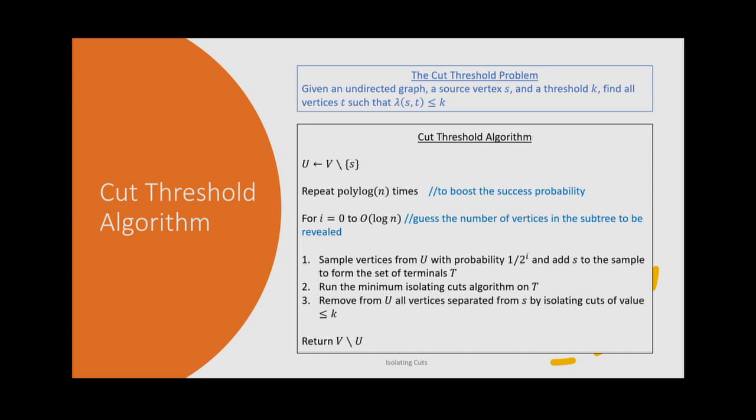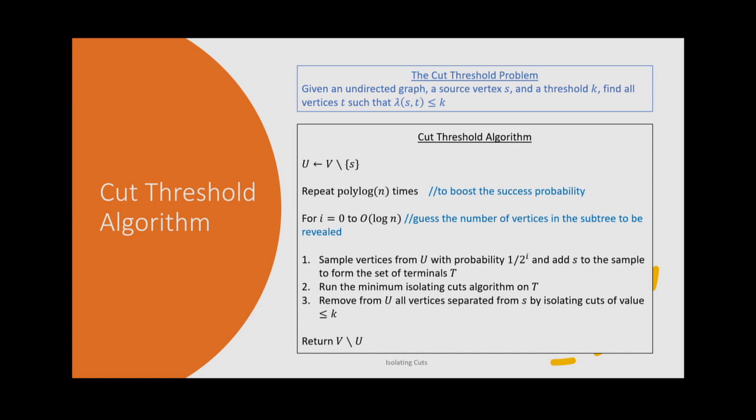And then I sample every vertex from U at rate 1 over 2 to the i. I run isolating cuts on this sample after I have added S to the sample. Okay? Isolating cuts returns a bunch of cuts to me. If those cuts are smaller than k, I mark all the vertices that S is being separated from by those cuts. Mark those vertices, remove them from U, keep repeating this process.